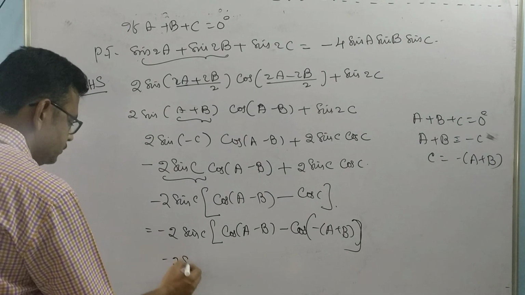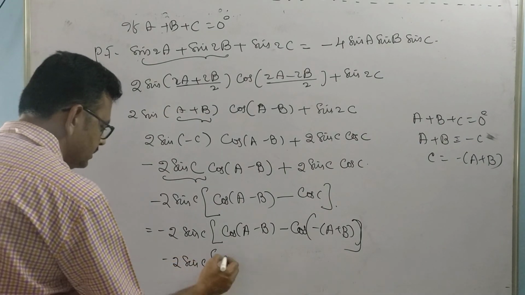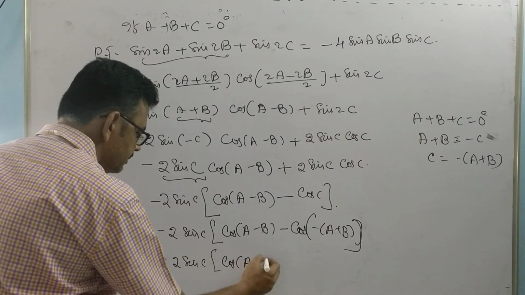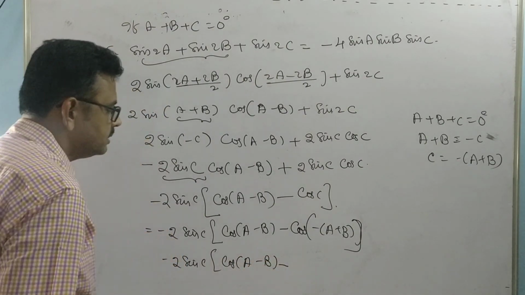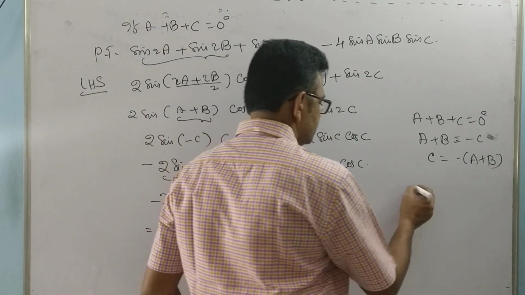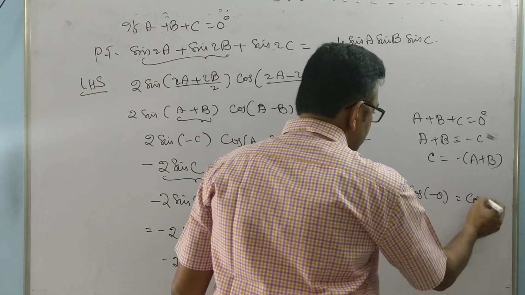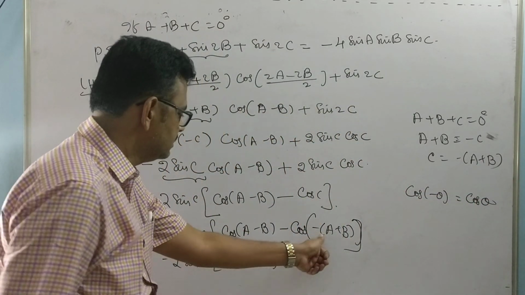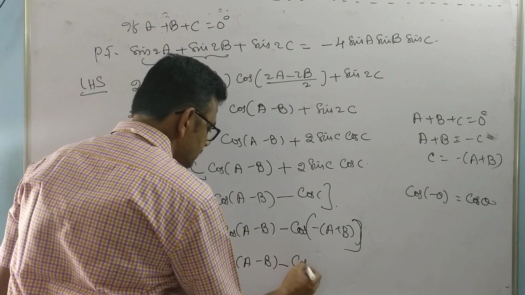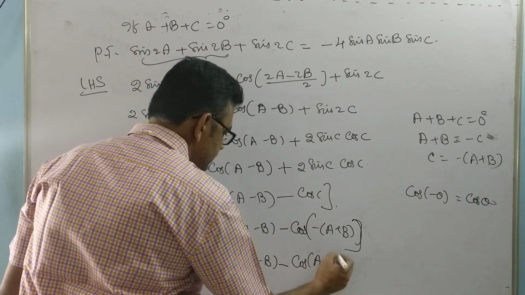That is minus 2 sin C into cos of (A minus B) minus cos of minus theta, which equals what? Cos of minus theta equals cos theta only. So this is cos of (A plus B).